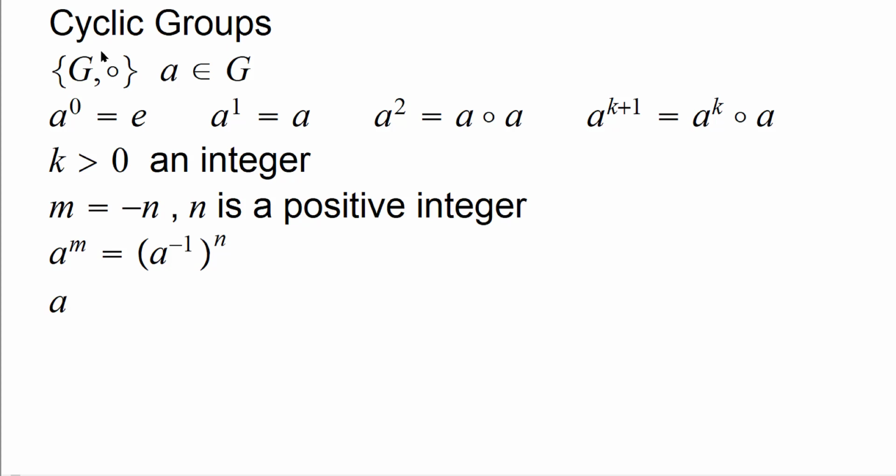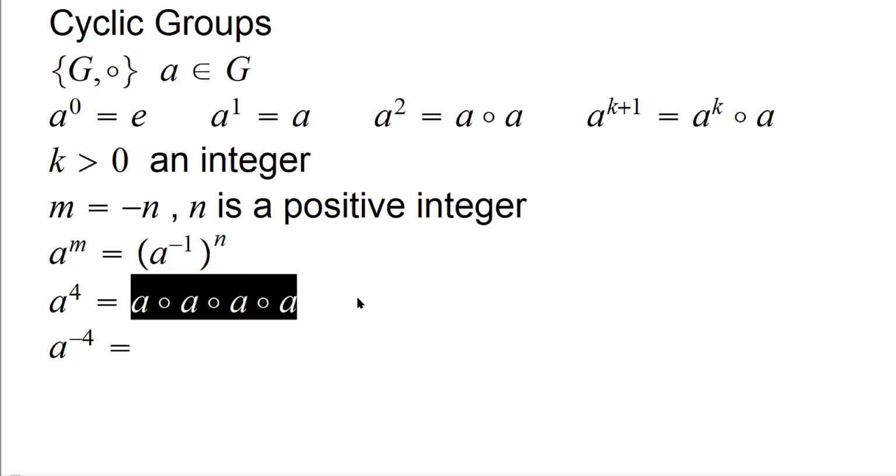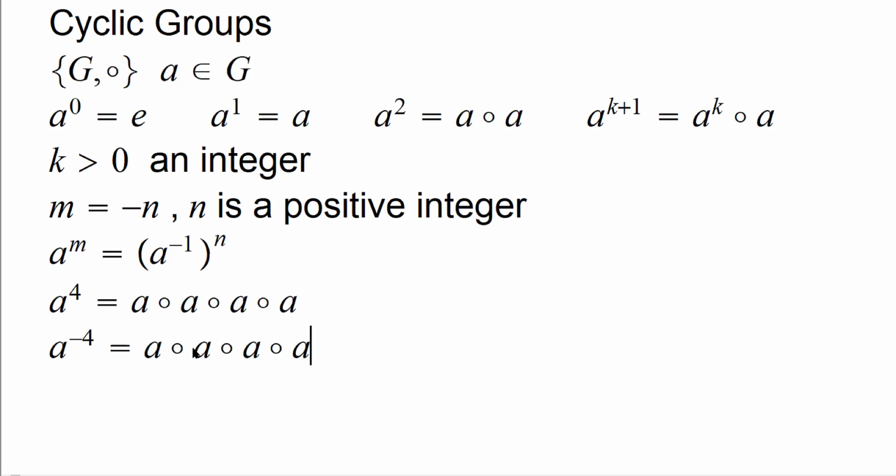If you have a to the power 4, what you have is a composed with a, how many times? 4 times, right? And say you have a to the power negative 4, you have the same thing, and the only difference is that here we have taken a inverse composed with itself, 4 times.